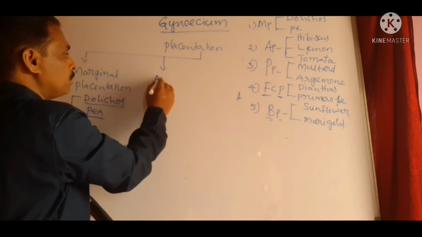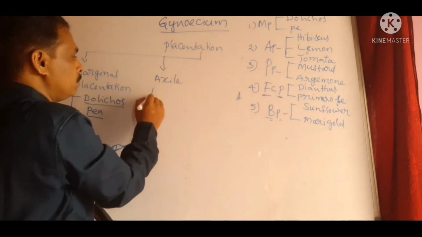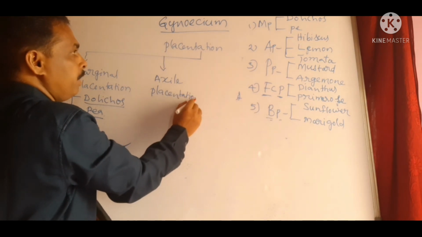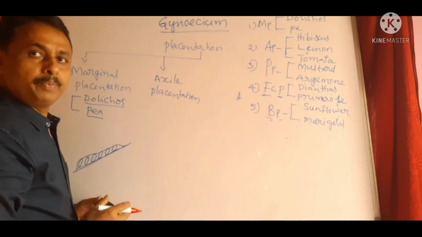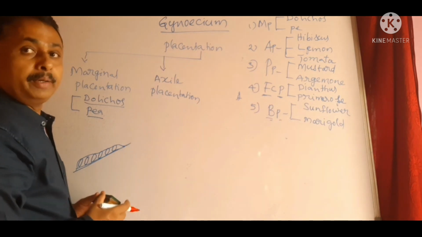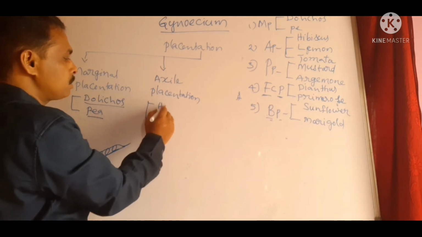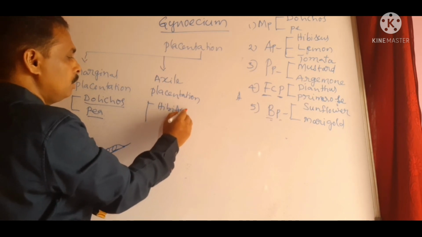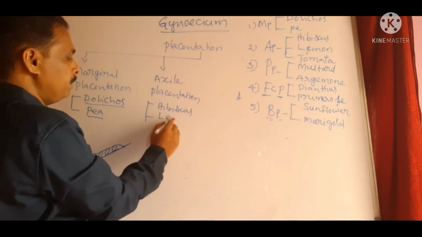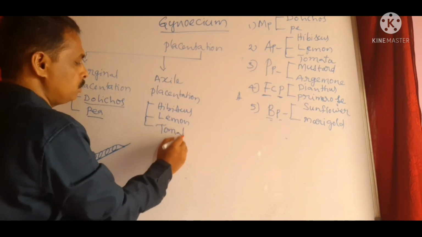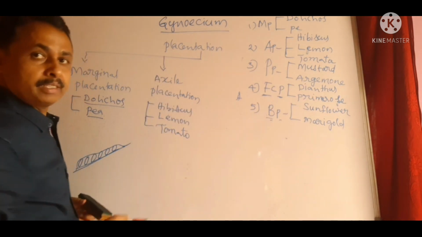axial placentation. To remember it in an easy way, AP, HLT. Example: hibiscus, lemon, and tomato. So what is axial placentation?